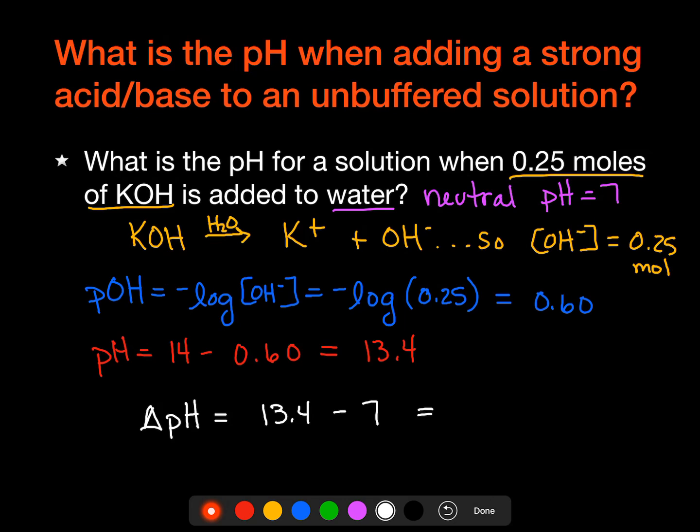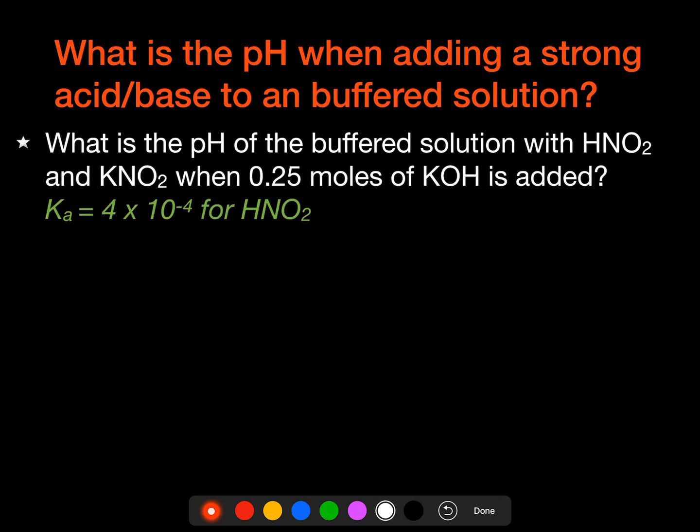And so that's a change in pH of 6.4, which is a pretty large amount of change. Okay. So how does that compare to if we added the same amount of KOH, of this strong base, to a buffered solution? So that's what we're going to take a look at next.